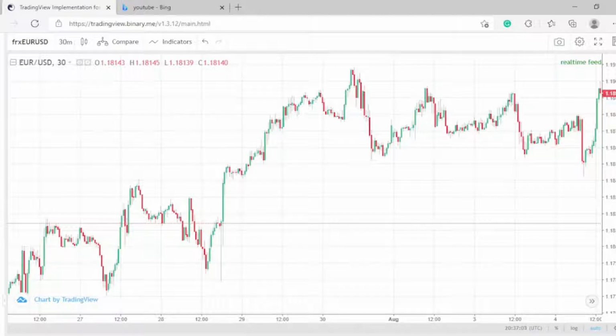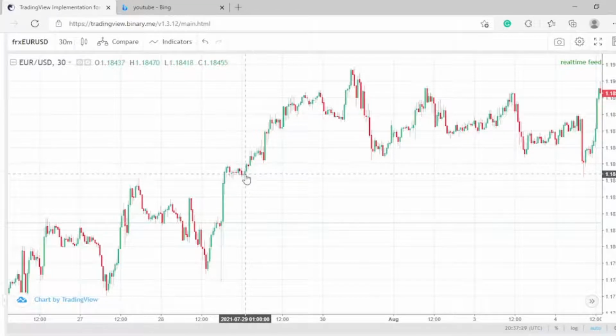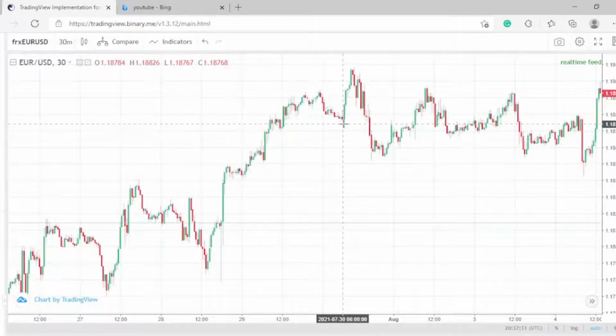The first state that I'm going to be talking to you about today is the trending state. Now, this is the trending state. You have a low here and a higher low at this point here, and then you have a higher low at this point here.